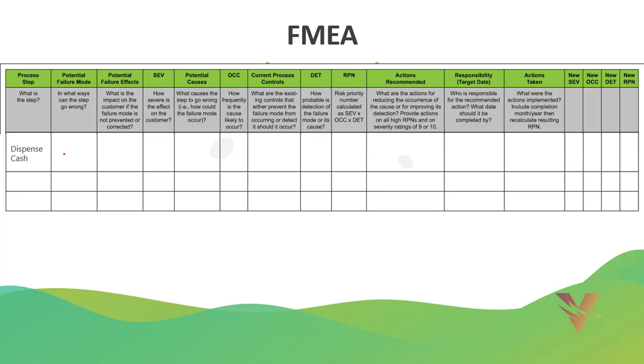So once we have identified the problem, what is the potential failure mode? I mean, in what ways can this step go wrong? So here, the reason I am using as the failure is the amount is debited from my bank account, but no cash is disbursed to me from the ATM.